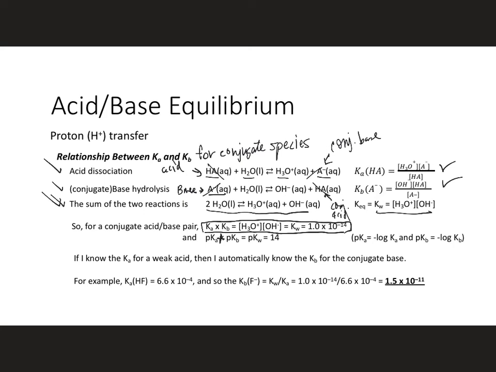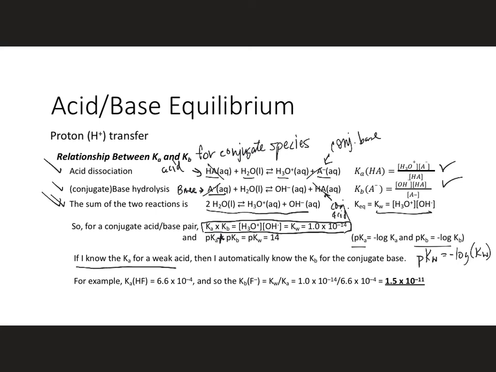And then we would find that pKa plus pKb is going to be pKw, which is 14. Here pKa is the negative logarithm of Ka, and pKw is the negative logarithm of Kw.